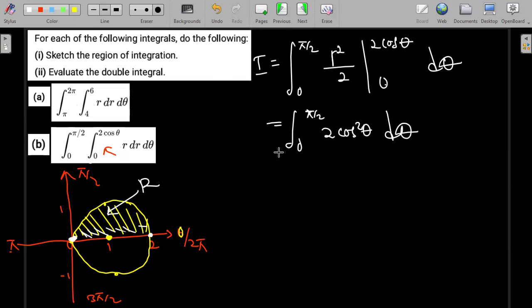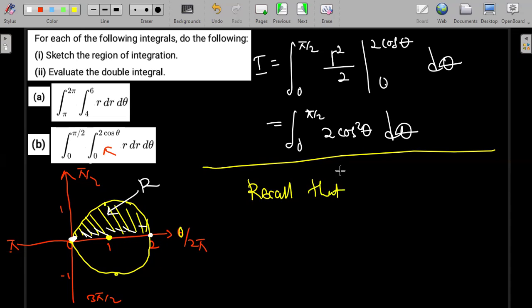Here I'm just going to use a trigonometric identity, because cos squared theta, I can't integrate it directly. It's not elementary. So recall from the double angle formulas that cos(A plus B) is the same as cos A cos B minus sin A sin B. You can remember this from your first year, right?